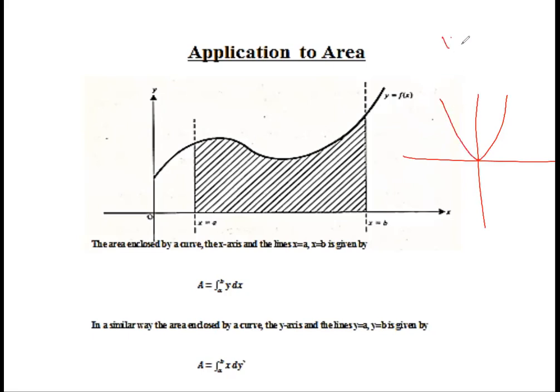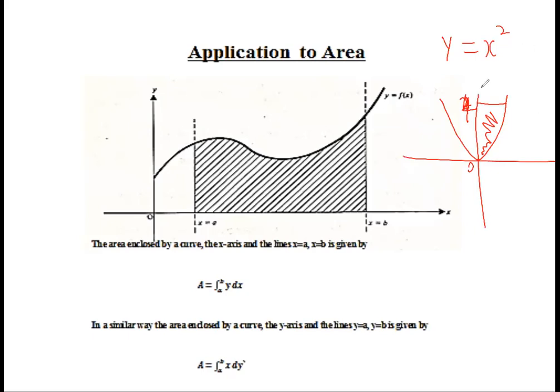So there's a curve y equal x squared. And you want to find this area here from 0 to maybe 2, or let me go 4. Or 4. I want to find this area here.